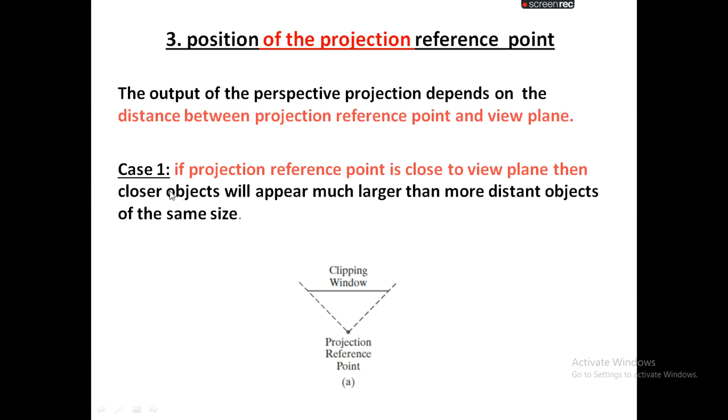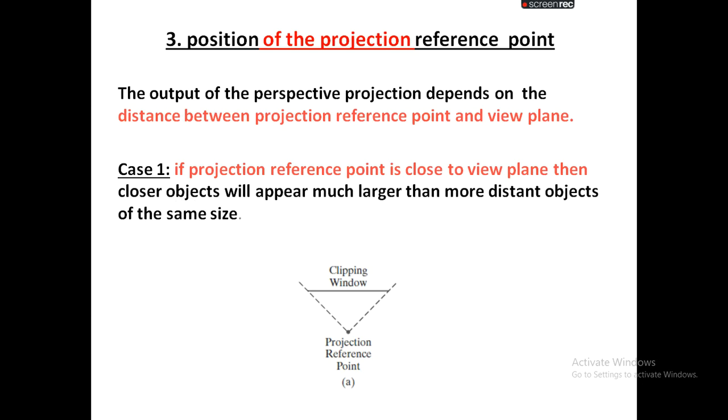Case 1 says that if the projection reference point is closer to the view plane, meaning if you place the camera near the view plane, then closer objects will appear much larger than more distant objects of the same size.